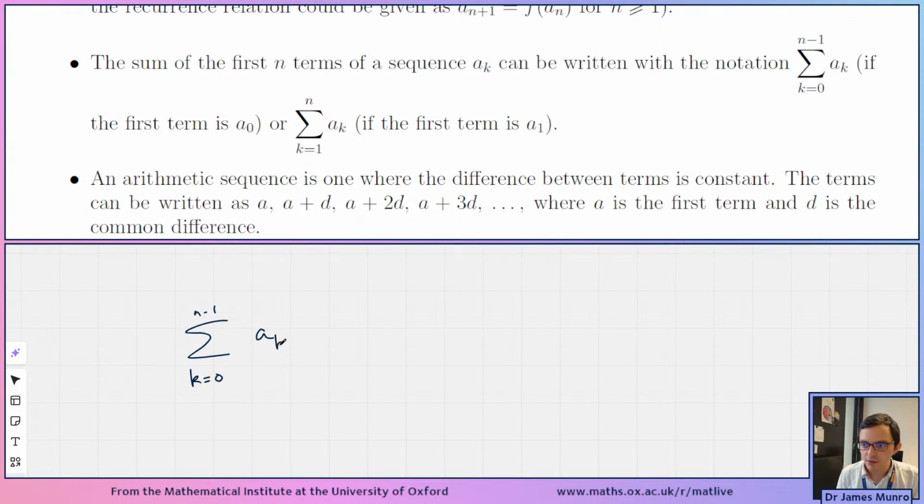So this says the sum from k equals 0 to n minus 1 of ak, which means a0 plus a1 plus a2 all the way up to a n minus 1. So if you like k as a kind of dummy variable, where you add up a0 plus a1 plus a2 plus a3 plus all the way up to n minus 1.